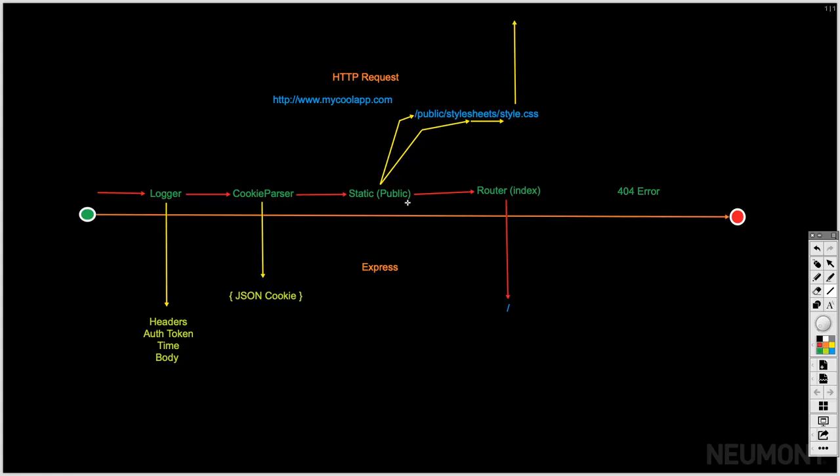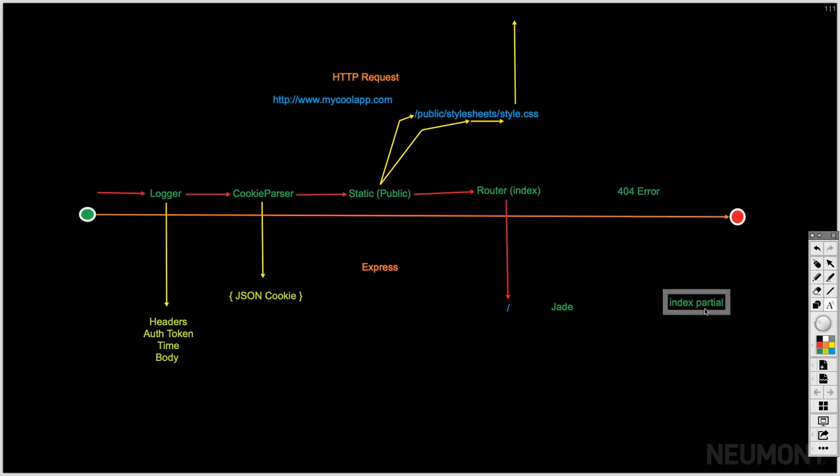So if we go back to our diagram, and we look at it here, what's going to happen right here is the router, because it's responding to the /, is then of course going to call the Jade engine that's inside of Express, because we're going to be compiling HTML. So it's going to call Jade, and Jade is then of course going to go pull the index partial.